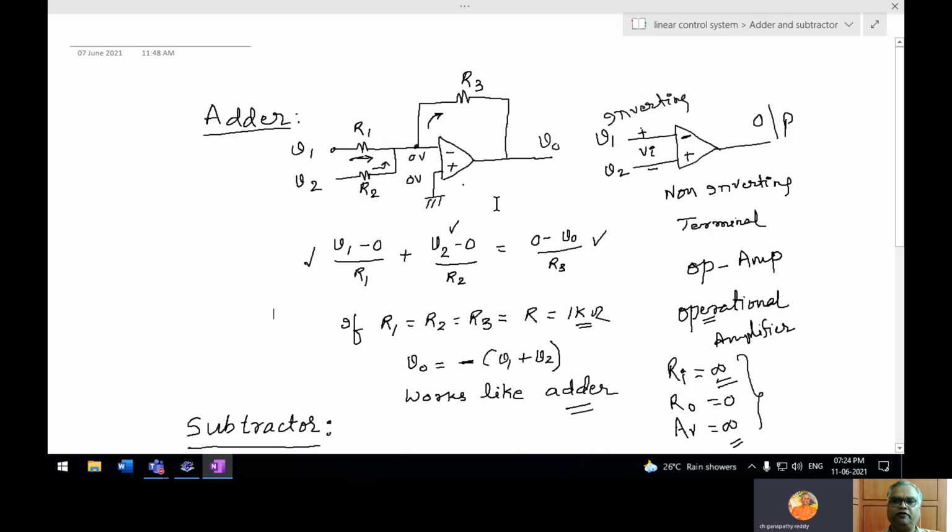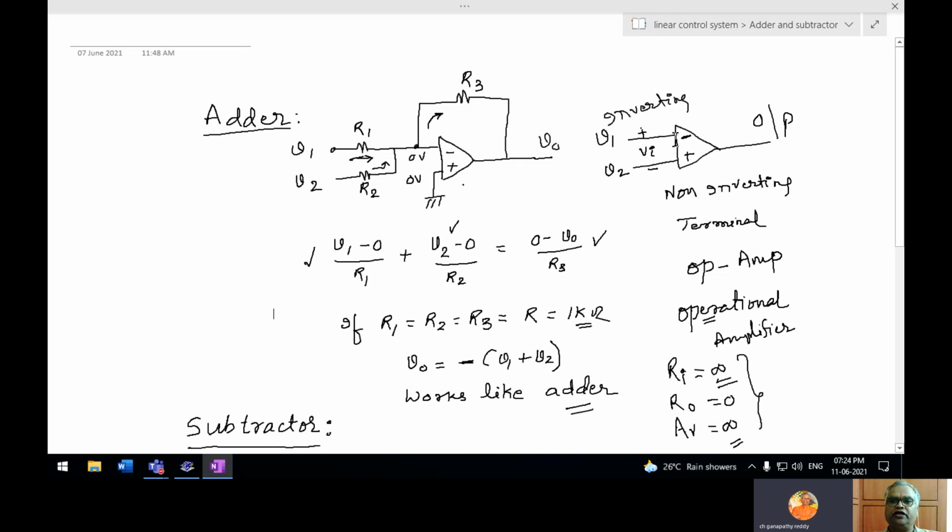So this is an experiment on op-amp. First, op-amp means operational amplifier. Op-amp is the short form for operational amplifier. This is the symbol. The symbol looks like an iron box. It contains two input terminals and one output terminal.